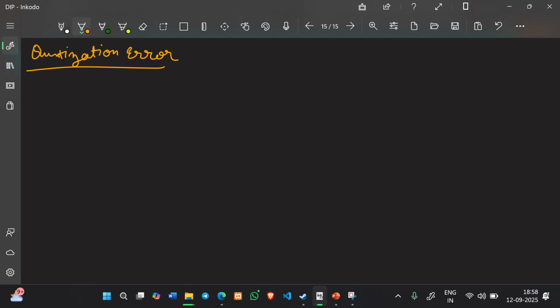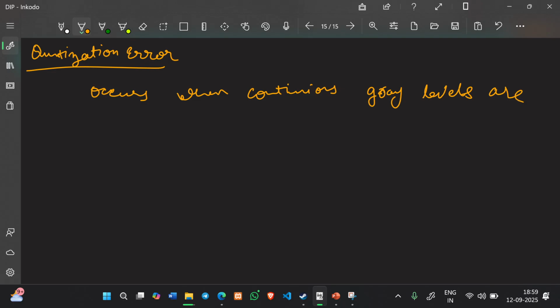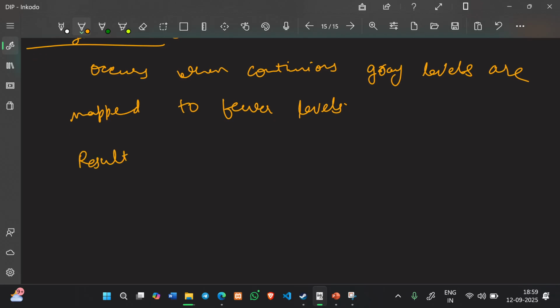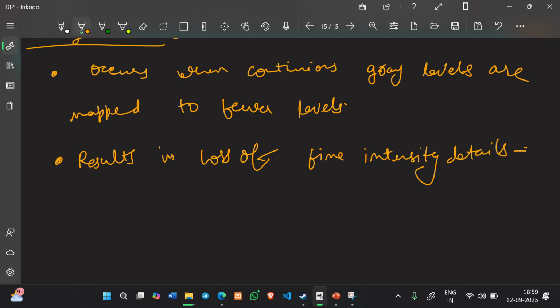Let me write it down for you. It occurs when continuous gray levels are mapped to fewer levels and result in loss of fine intensity details, which you can call quantization noise.